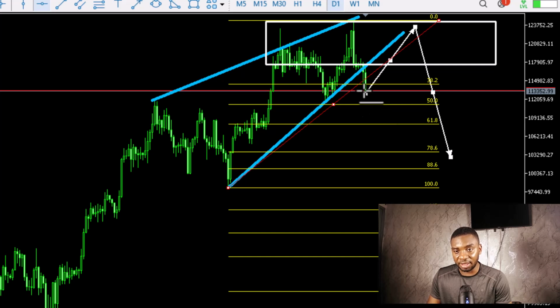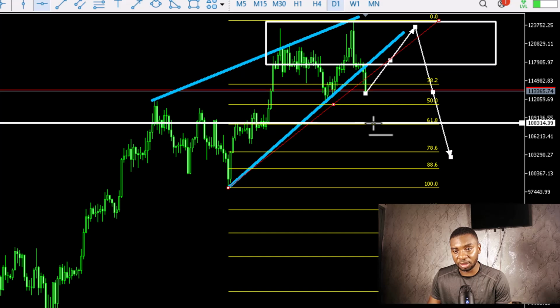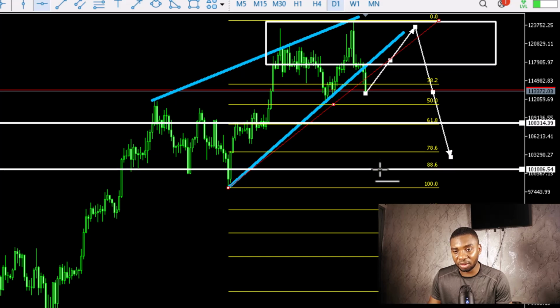If I sell here now, I'll most likely take profit at the 61.8 Fibonacci level and at the 88.6 Fibonacci level. So these are the two likely points where I'll be taking my profit. Here becomes my TP1 and the second line becomes my TP2.